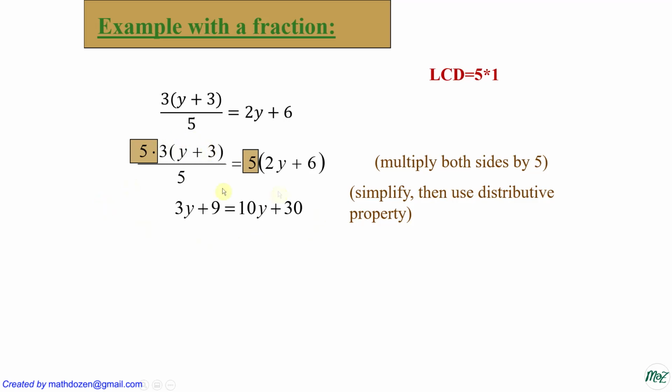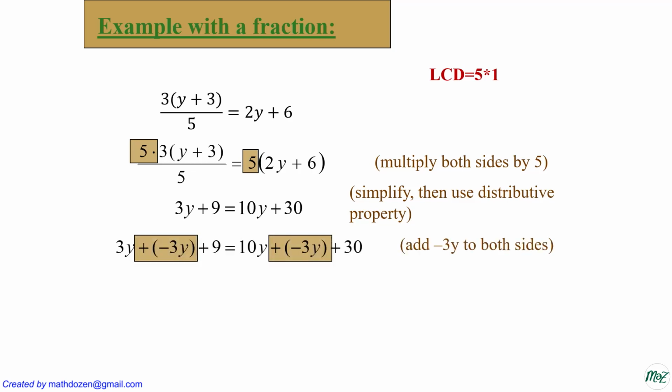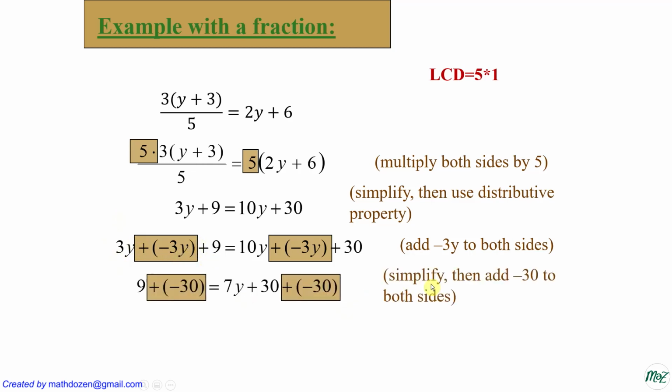Now we're going to use the idea of addition so that all the variables are collected on one side. So subtracting or adding negative 3y to both sides will help us to move all the variables to the right. And we're going to get 7y.